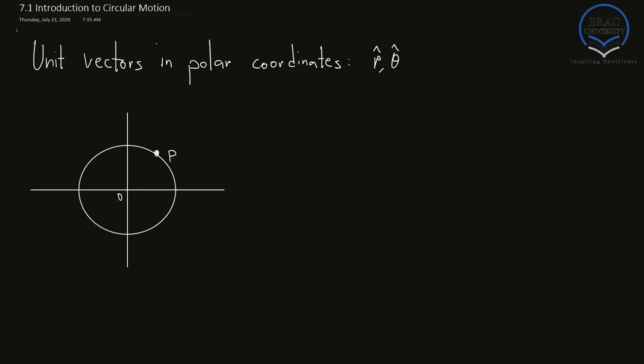So we would have at P r hat as a vector that points radially outwards. What does that look like? So at point P, r hat, a unit vector that points radially outwards, would look like this, right?